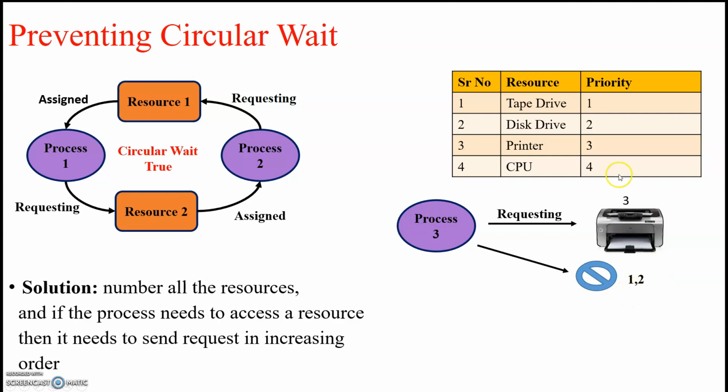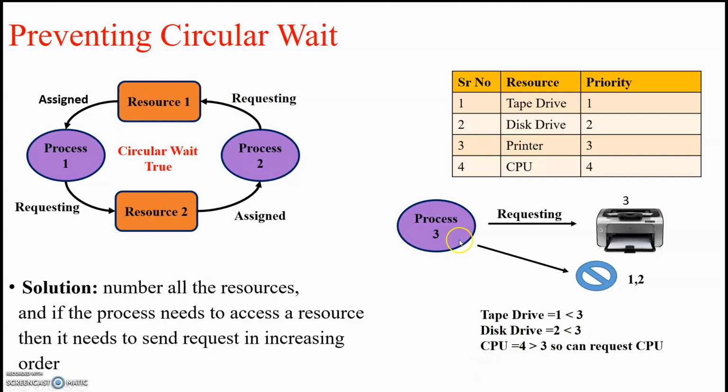Why? Because it has already requested for 3, and the resources with a lower number cannot be accessed by that particular process. So the tape drive number is 1, which is less than 3, so it will not be able to access. Disk drive is 2, which is less than 3, so even the disk drive will not be able to be accessed by process P3.